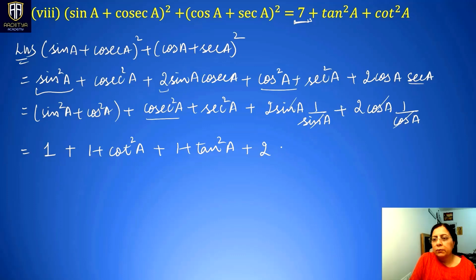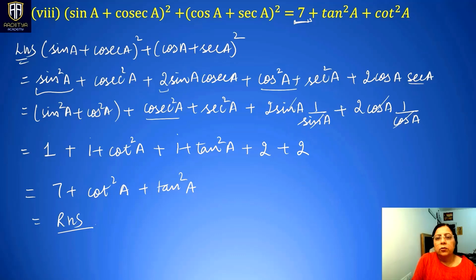We have 2 multiplied by 1, 2, 2 multiplied by 1, 2. So finally we add up all the numbers. 2 plus 2, 4, 5, 6, 7. So we have 7 plus cot square A plus tan square A. And this is what we had required in the RHS, right?